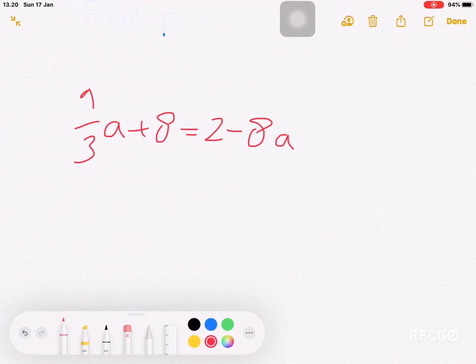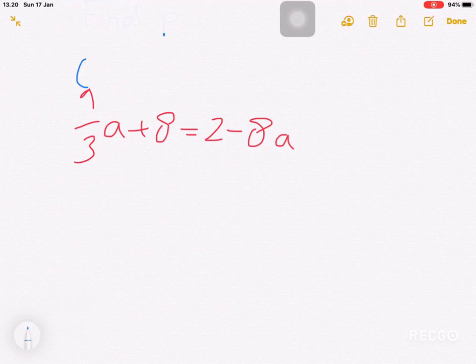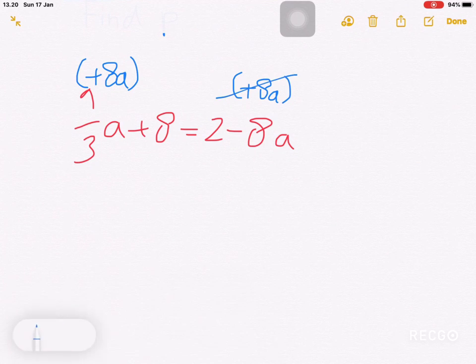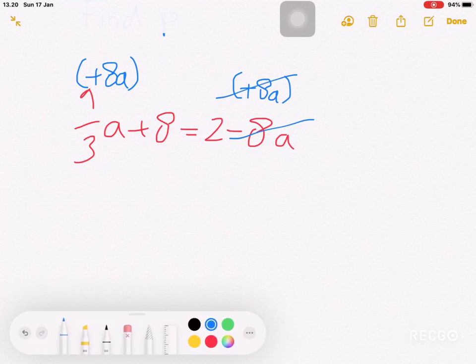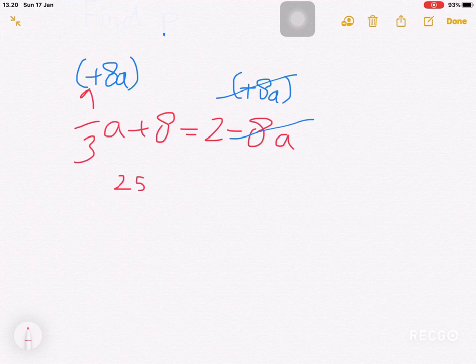We can just solve this. So I'll just add 8a to both sides right there. So this will cancel. I'll just turn this into an improper fraction, so if we think about it, it will just become 25 over 3a plus 8. This will equal 2.